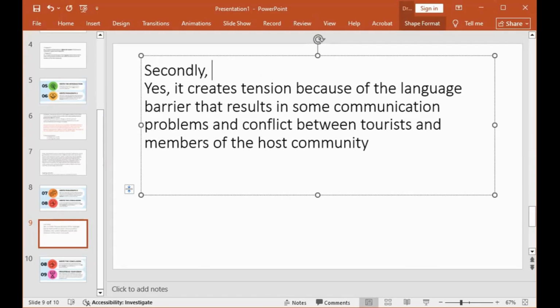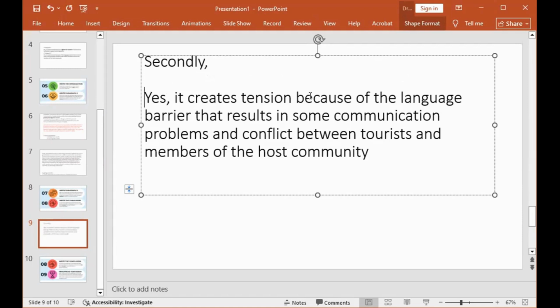Okay, go ahead, I'm listening. Complete it, please. It's easy now. See what you want to write here on the screen. Secondly, the idea that we gave here is that it creates tension because of language barrier.